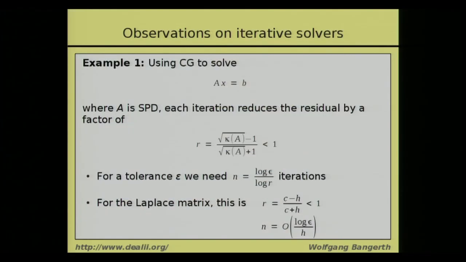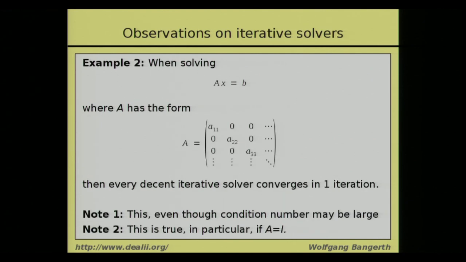So let me show you a second example of how the CG method would perform, or actually any decent linear iterative solver. So if this matrix had the particular form that it's diagonal, then it will converge. Every decent iterative solver will converge in exactly one iteration.